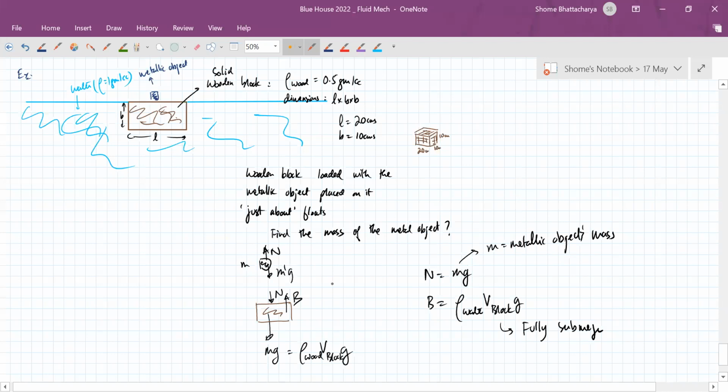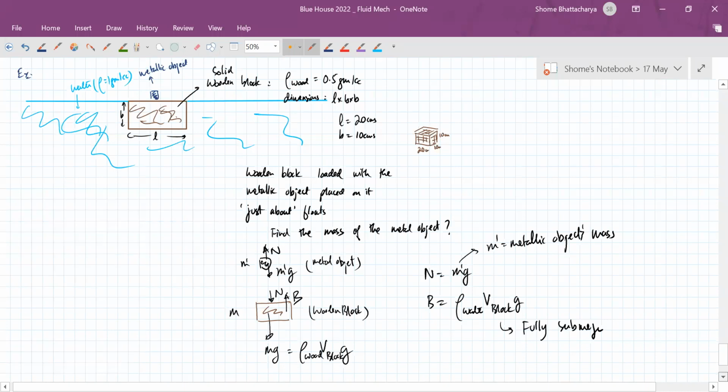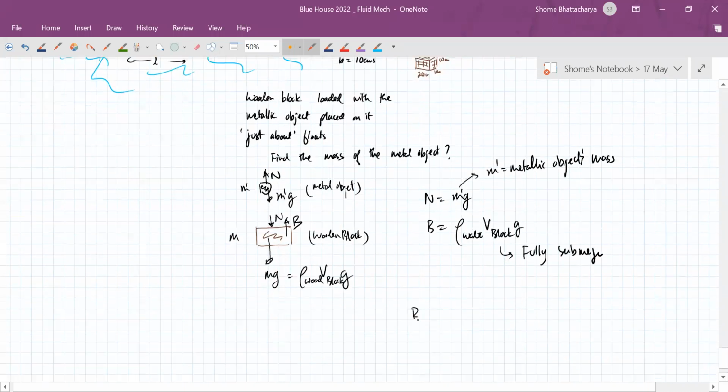Let's write this as M prime, whereas M is the mass of the wood. Quite easy now: the buoyant force is balancing the sum of this plus the weight of the wooden block, so it is balancing the total weight.